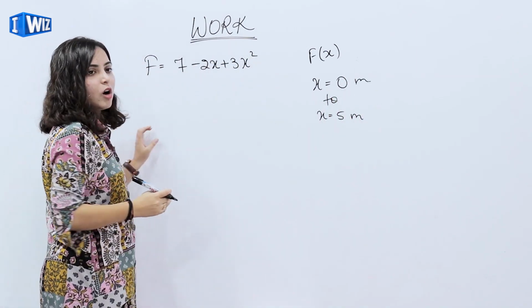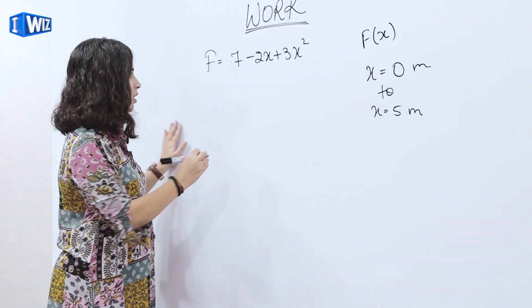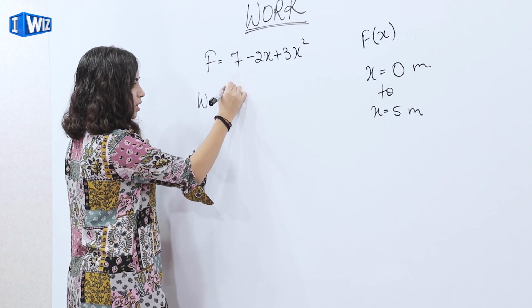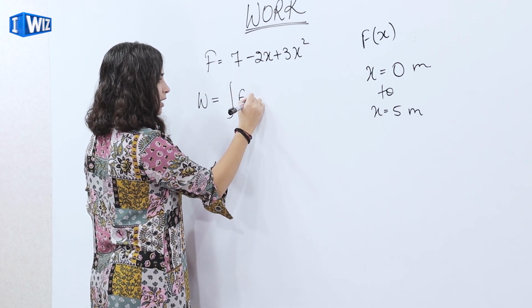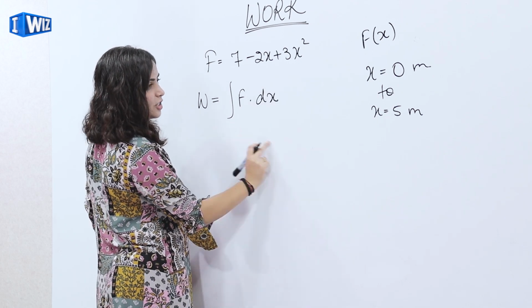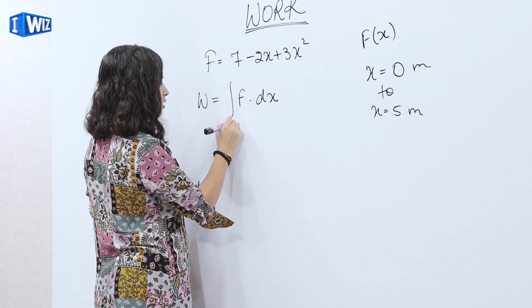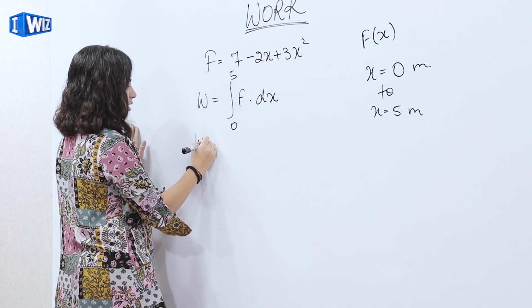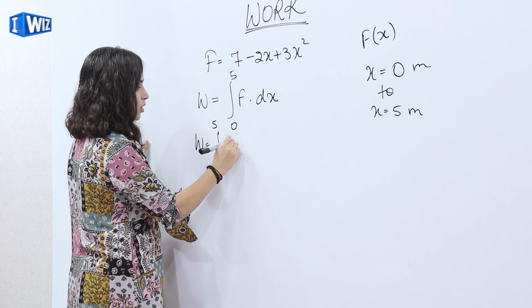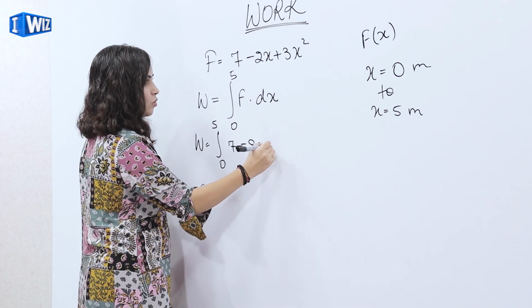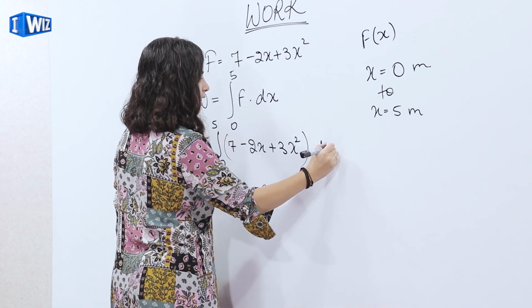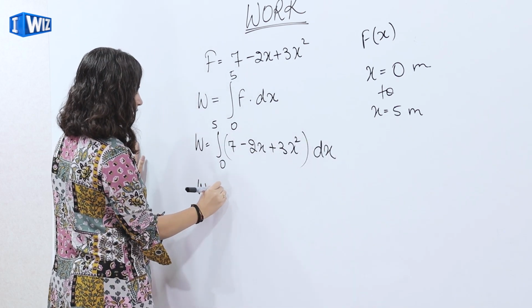So we'll use the formula of work done by a variable force, which is the integration of F dot dx. Now integration is from 0 to 5. Work done is equal to integral 0 to 5, substituting the value of force, 7 minus 2x plus 3x square dx.